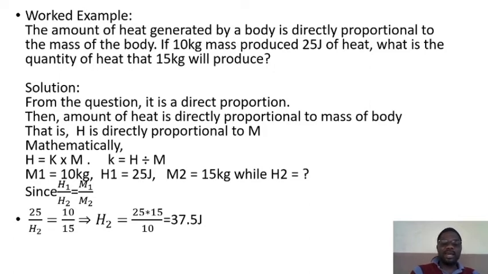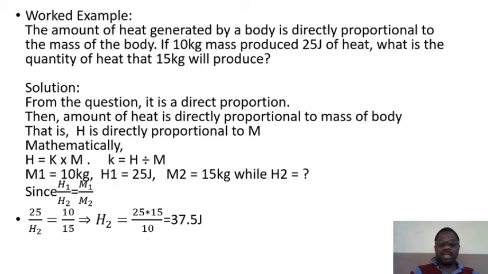Also, we can say H1 over H2 is equal to M1 over M2. So as we are given, we now see that M1 is 10 kg, H1 is 25 joules, M2 is 15 kg, while H2 is unknown.